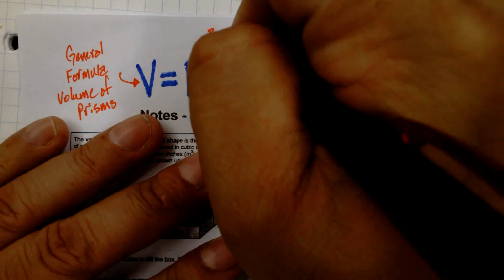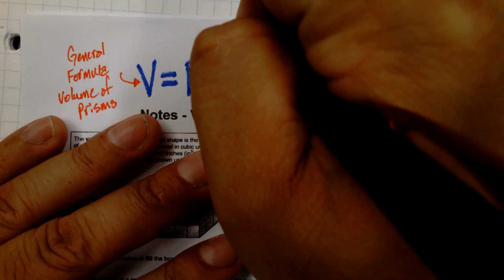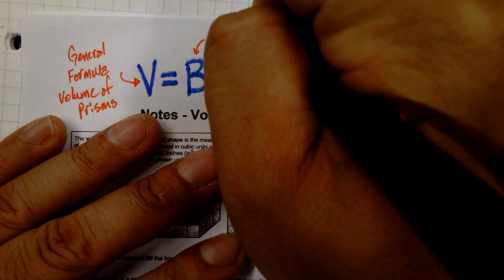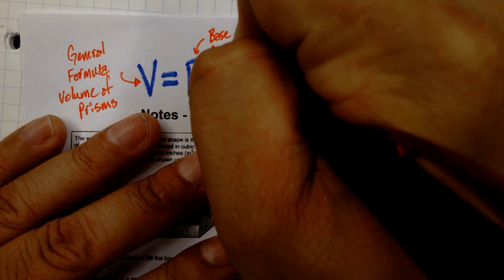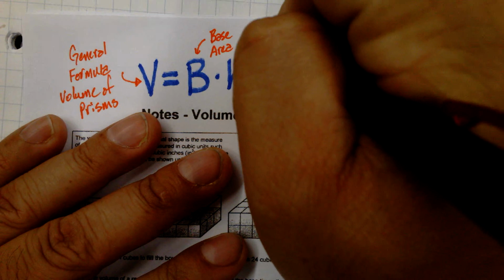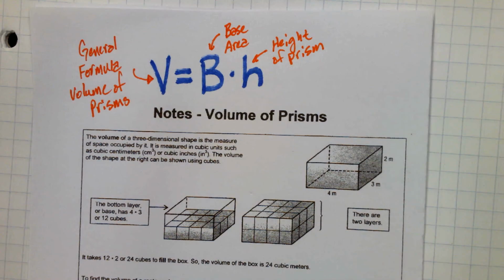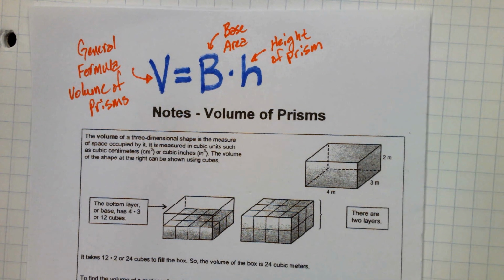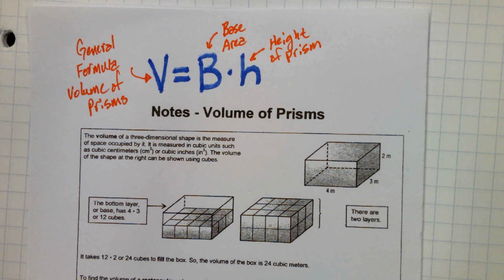And this is the height of the prism. Okay, so this is our general formula. It works for all prisms. And we're going to get specific for rectangular and triangular prisms right now, okay? So let's go ahead and move on.